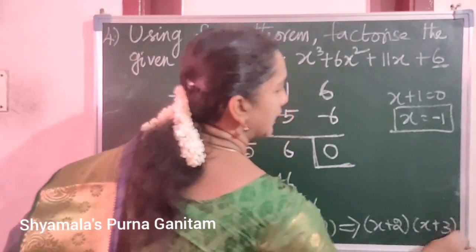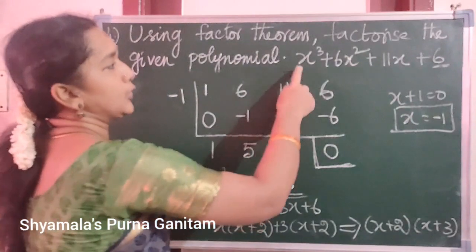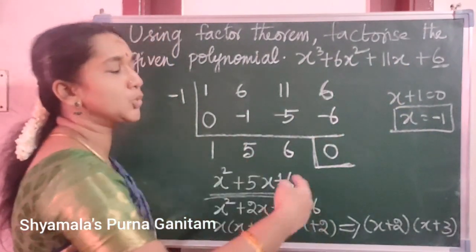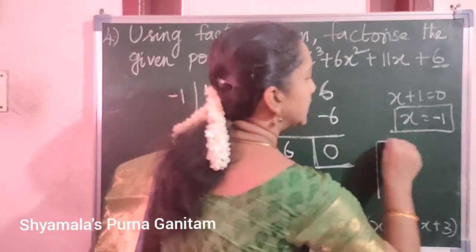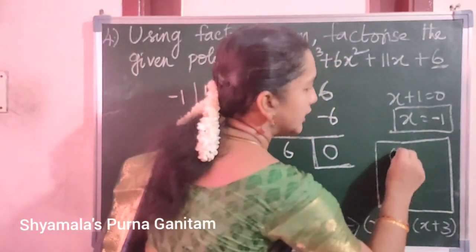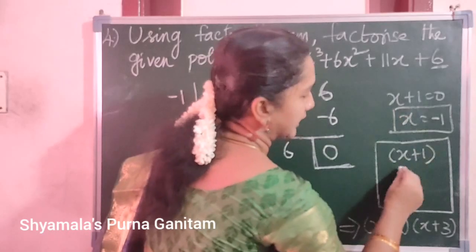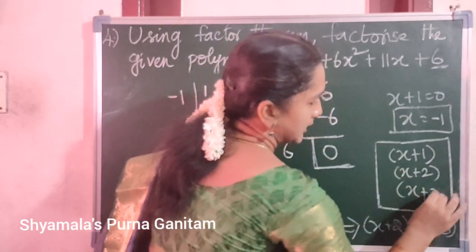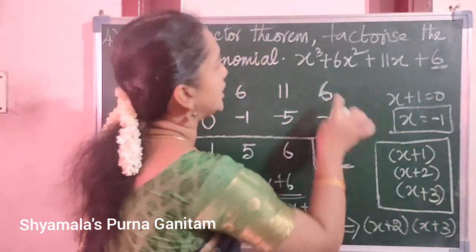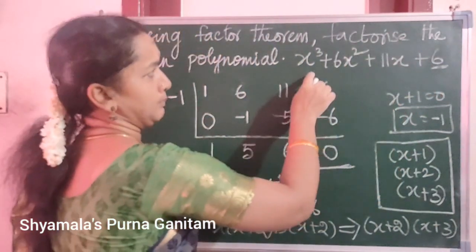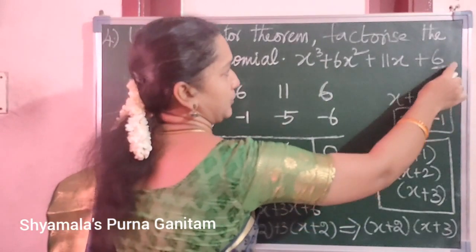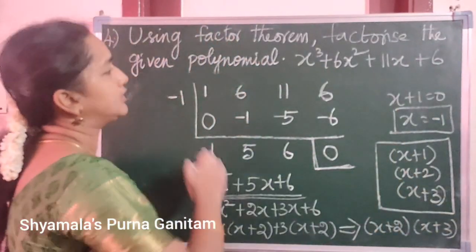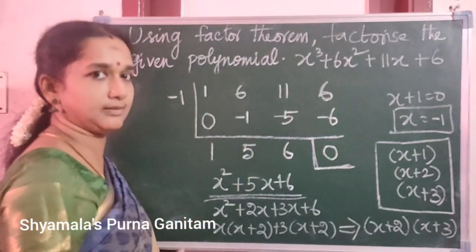So what are all the three factors you got for this cubic polynomial? x plus 1, x plus 2 and x plus 3 are the three factors we got when we factorize the given polynomial. This one we are doing by the factor theorem.